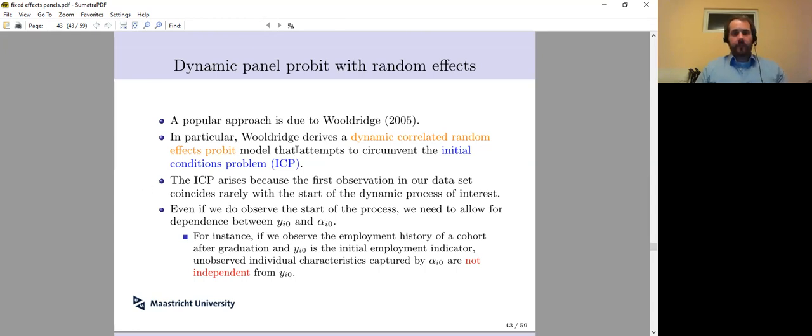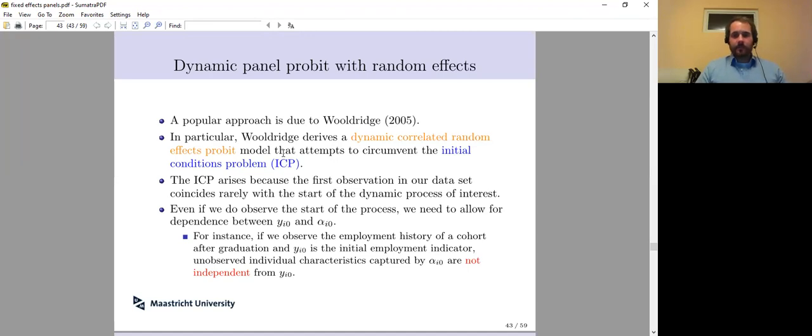In particular, he derives a dynamic correlated random effects probit model, which is hugely popular and does not suffer from the incidental parameters problem. It also circumvents the initial conditions problem, which is again something new. So, only problems.